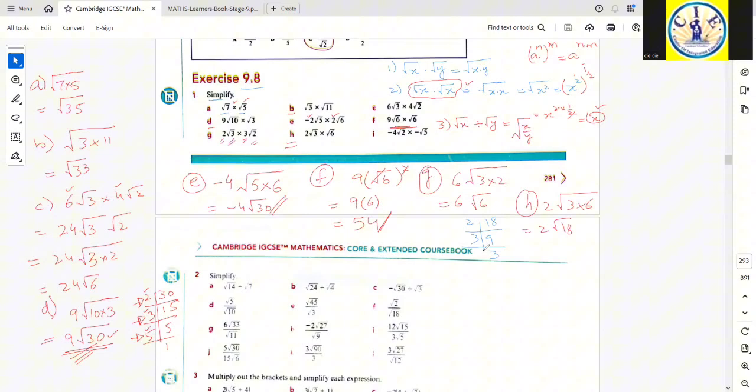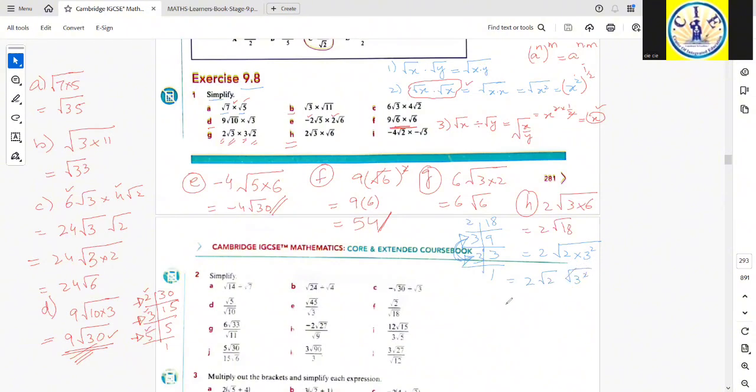And now you can see a prime number 3 has got a square of it. So we can write it down as 2 times 3 square. And now we split the square root sign, radical 2 and then radical of 3 square.